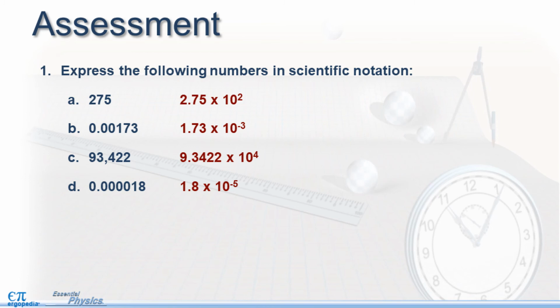That gives us a negative exponent. 93,422 can be rewritten as 9.3422 times 10 to the 4. Notice we've moved the decimal place 4 places to the left, taking a number greater than 1 and making it between 1 and 10. For D, it's 1.8 times 10 to the minus 5.